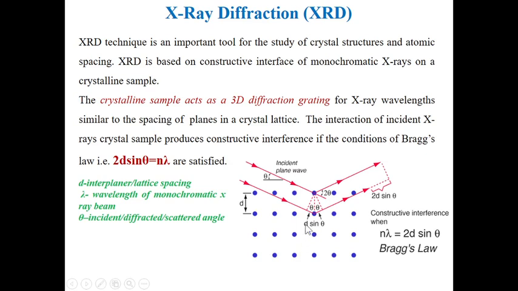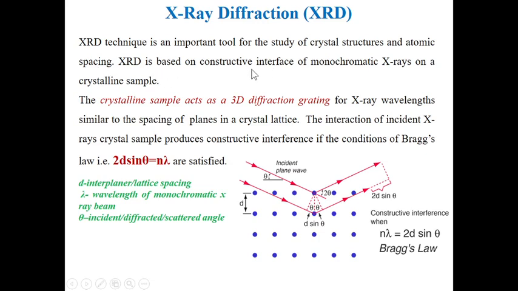How these X-rays, incident on a crystal lattice, give the crystal information, we will discuss briefly, as it is inside your syllabus. The XRD technique is an important tool for the study of crystal structures and atomic spacing.